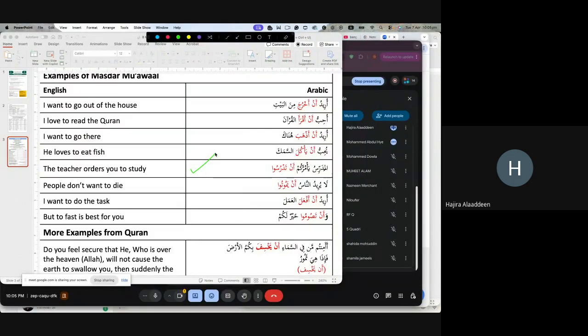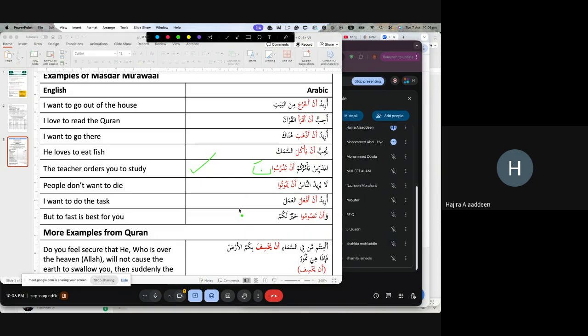Al-mudarrisu ya'murukum an tadrusu. The teacher orders you to study. Here, in the last part of the sentence, we see an tadrusu. Actually, the mudari verb was tadrusuna. Since it is plural and the an is added, the noon drops.